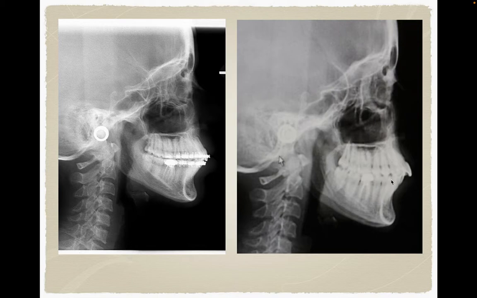Because when you torque the incisors, as we can see here, you retract the upper incisors and move the root labially, and what you're afraid of is that you will end up perforating the palatal plate of bone. So what you need to do is extraction, get the crown back a little bit, and then move the root forward to give it a correct torque.